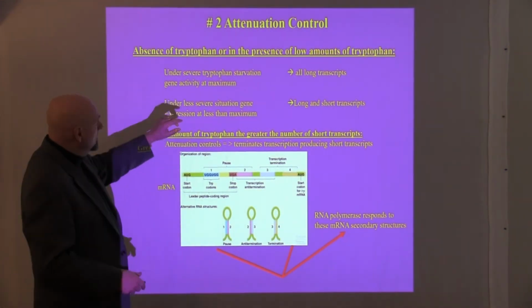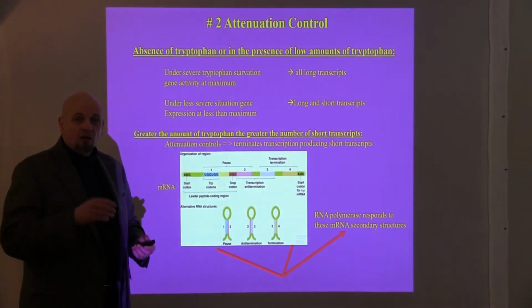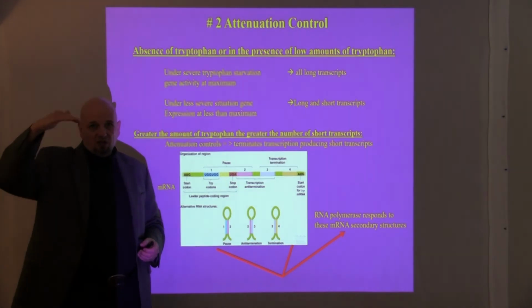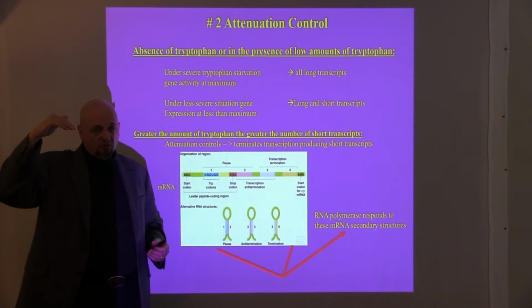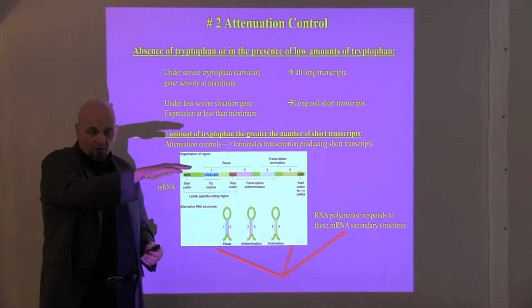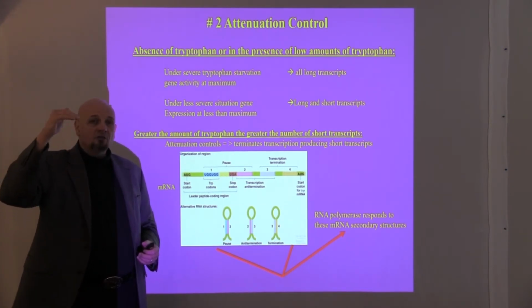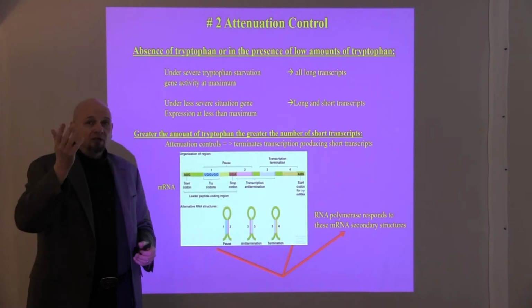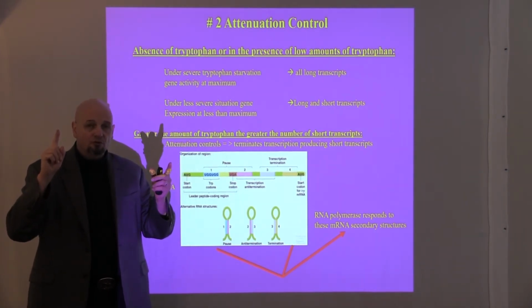However, under a less severe situation, gene expression is less than maximum. In this particular case, that means that it's just a little bit down, and it just needs a few more structural genes expressing themselves. Then what will happen is you'll have some long transcripts, but because of that leader region, it will actually cause the RNA polymerase to pop off, and you'll end up with short polycistronic messenger RNAs, which only have a few of the structural genes.